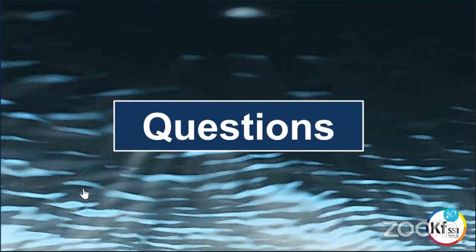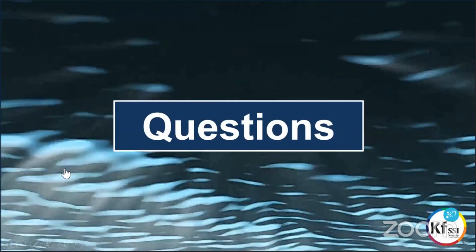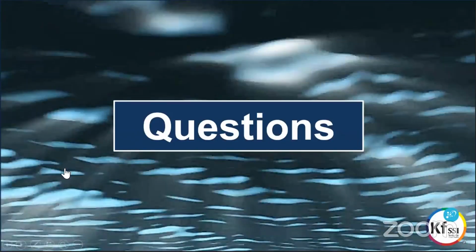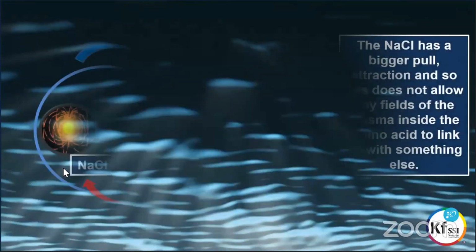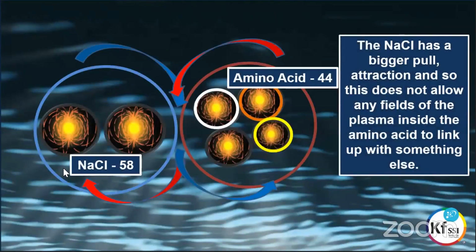Jim, this is Moshfik again. Can we go back to that diagram of the two plasmas interacting when you were explaining the atomic interaction to create the molecule of sodium chloride, one flowing into the other? Not this one. This one is the interaction between the amino acid and the sodium chloride.